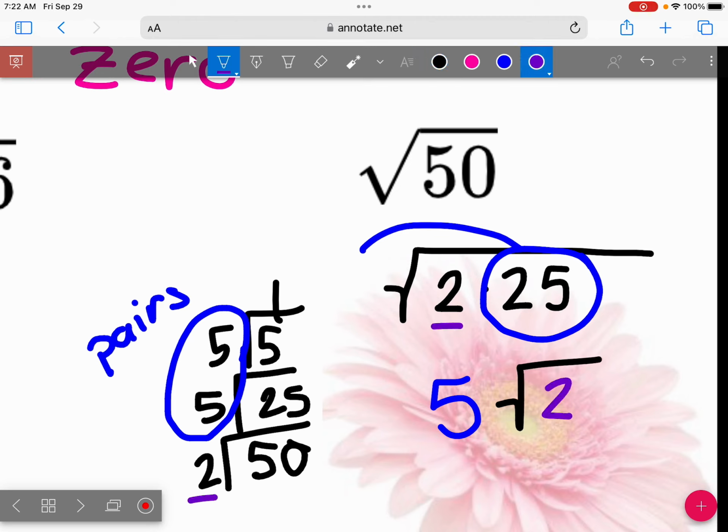Same thing, that 2 is still left over. So either way, we're going to get 5 square root of 2 as the square root of 50. We're not going to be putting these into decimal form, but we are going to be simplifying radicals, which is something you have seen before, but it may have been a minute.